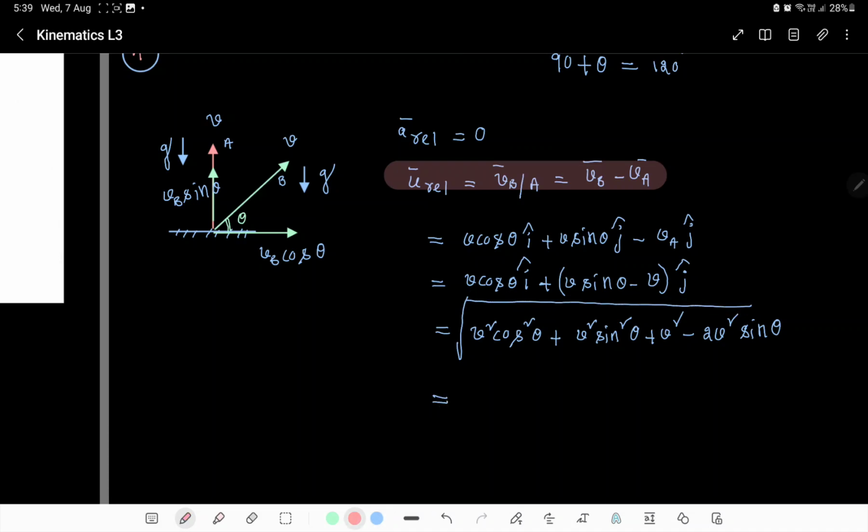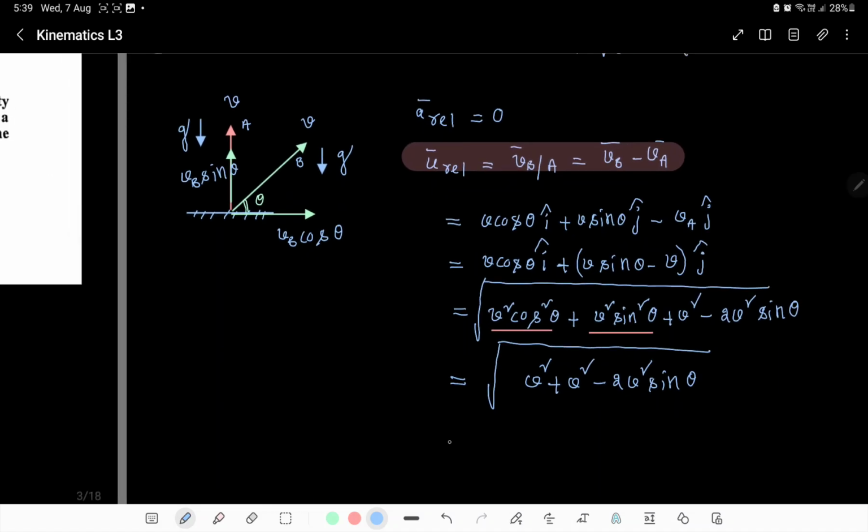Now V square cos square theta plus V square sin square theta I can write as V square, because cos square theta plus sin square theta is equal to 1. Therefore, adding the other V square minus 2V square sin theta, we get the square root of 2V square minus 2V square sin theta.